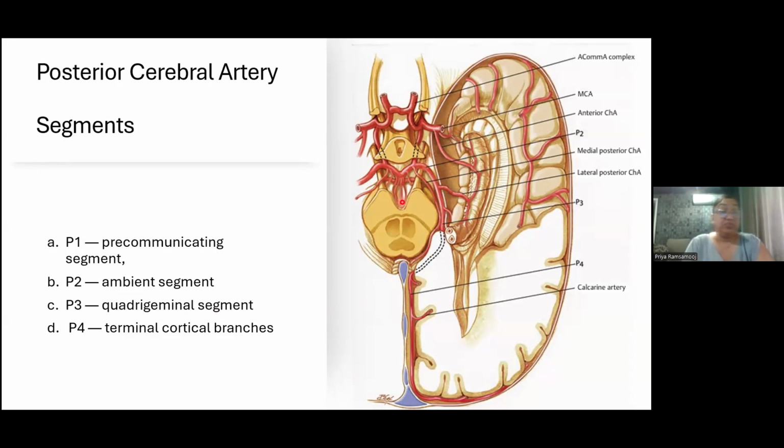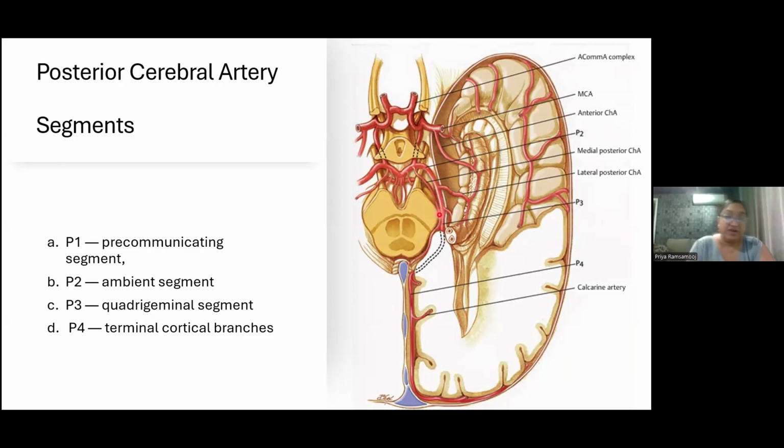That is your P1 or your pre-communicating segment. And then P2 is your ambient segment, which extends from your PCOM to your dorsal aspect, and you run it along here because you're seeing P2 now, labeled clearly, coming down, and it's running down to P3, right? It runs along the dorsal aspect of the midbrain, that is P2, and you actually have a P2A and P2P, sorry, anterior and posterior.